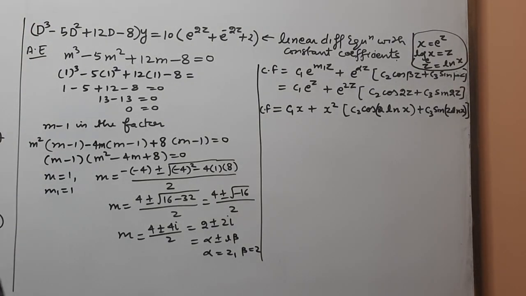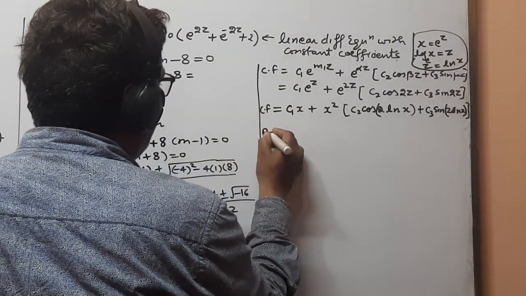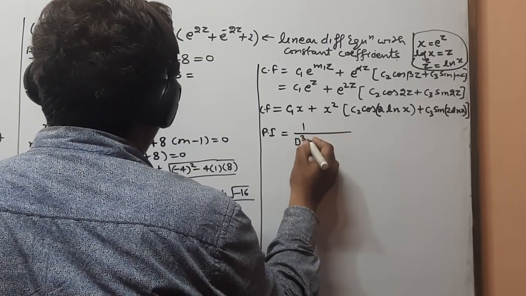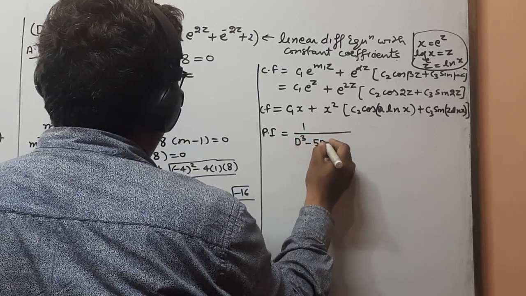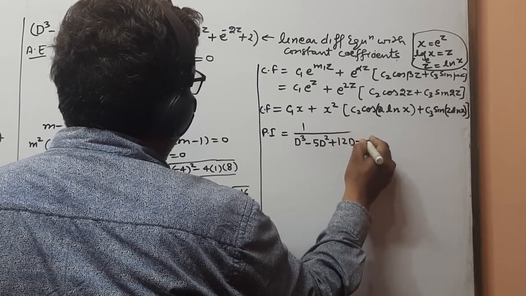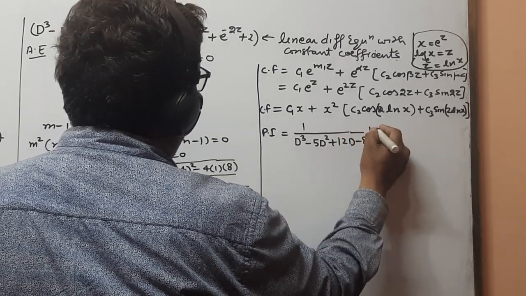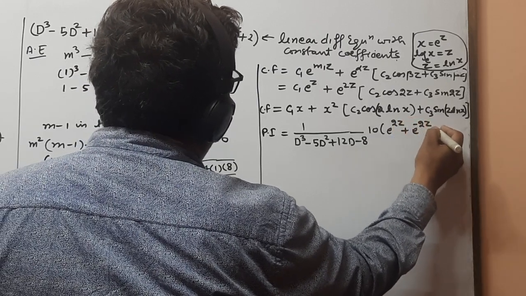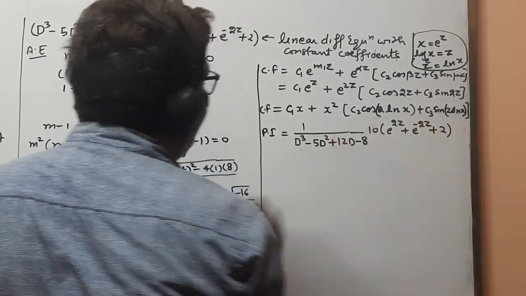Now you find the particular integral. So for finding particular integral, we write here 1 upon d cube minus 5d square plus 12d minus 8 times 10 e to the power 2z plus e to the power minus 2z plus 2.